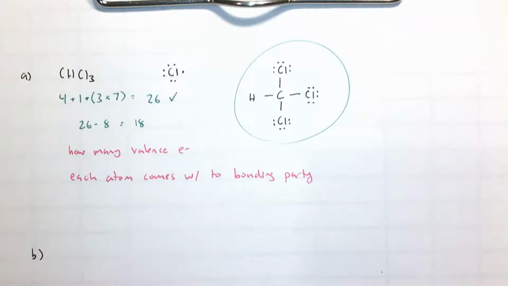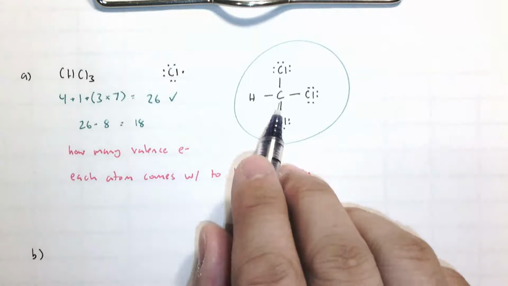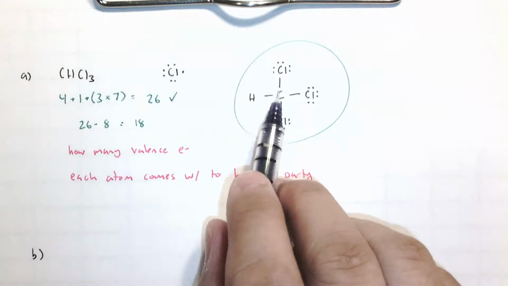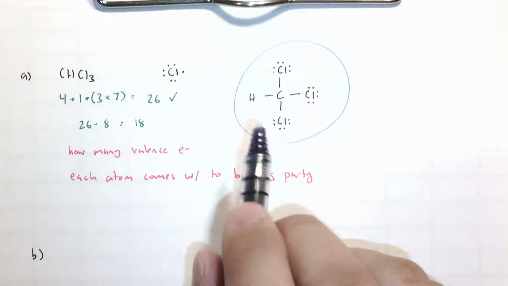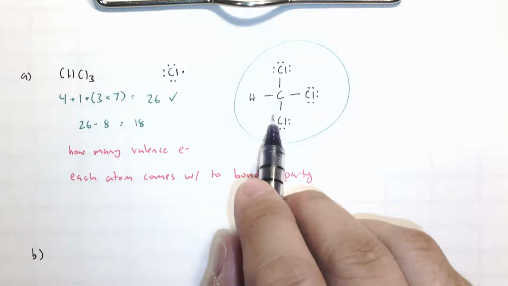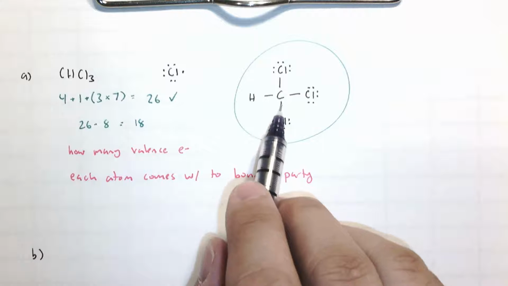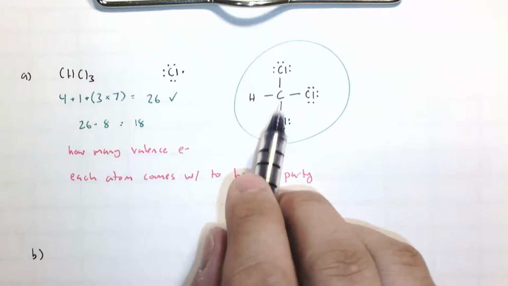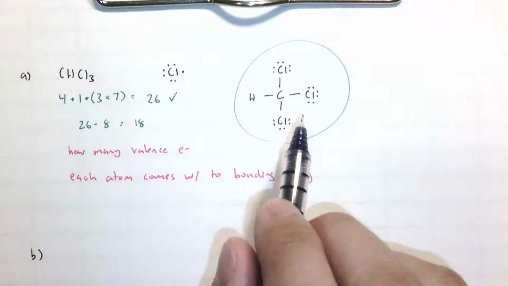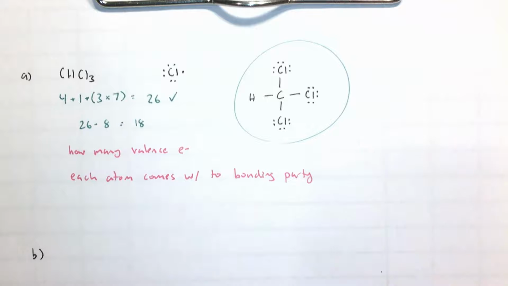You count every electron that is around that atom. So for the carbon, this is how you would count. 1, 2, 3, 4, 5, 6, 7, 8. You count both electrons of the bond, even though carbon only brought 1 electron per bond. So you count all the electrons. So carbon satisfies the octet rule.